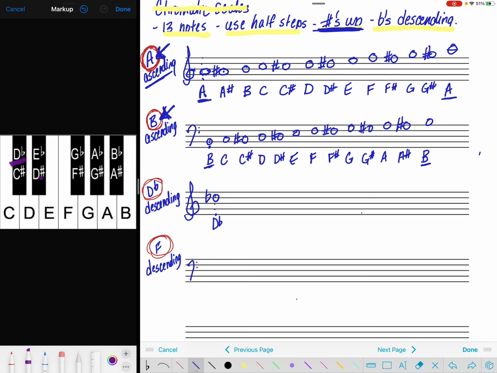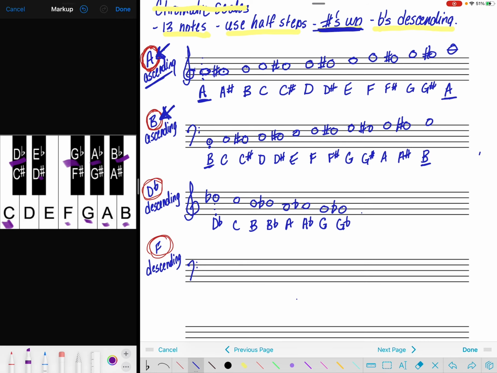So next note down is a C because I'm going the opposite way. Then I go B. Then I go B flat. Then I go A. Then I go A flat. Then I go G. Then I go G flat.